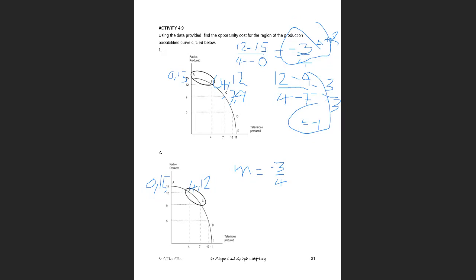Does it make sense to you then? Good. Then when you are at point C, from B to C, C is 7 and 9. You see that?